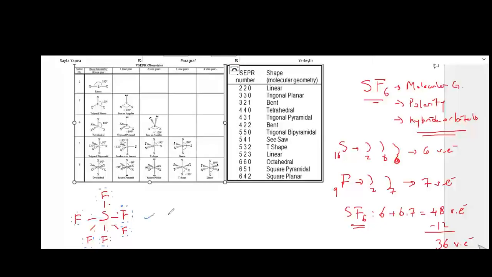As you see here, for that molecule, we consumed all valence electrons. That's why the Lewis structure of that molecule is going to be like this. I want to show it clearly once again. So let's put each fluorine atom here.